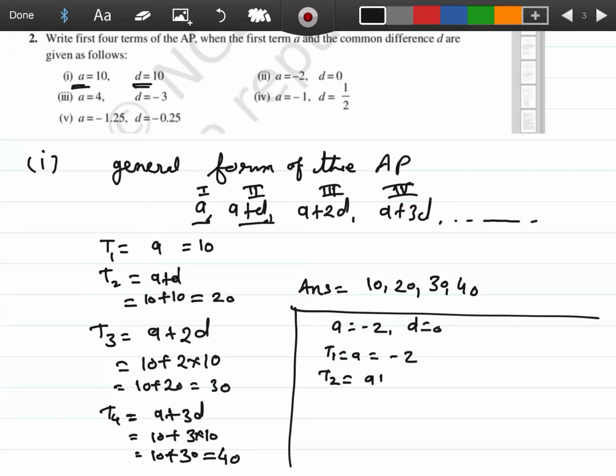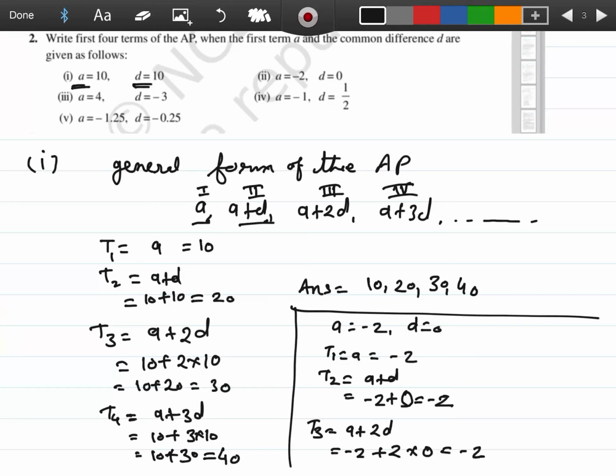T2 is equal to A plus D, that is -2 plus, what is D here? -2 plus 0, that is -2. And T3 is equal to A plus 2D. How much is A here? A is equal to -2 plus 2 into D. D is 0.